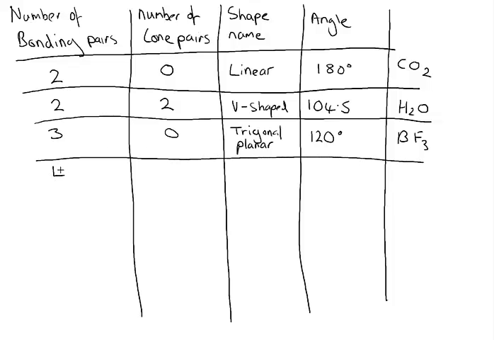Then you could have four bonding pairs, no lone pairs, then you could have tetrahedral, and that would be 109.5 degrees, and methane would be a good example of that one.